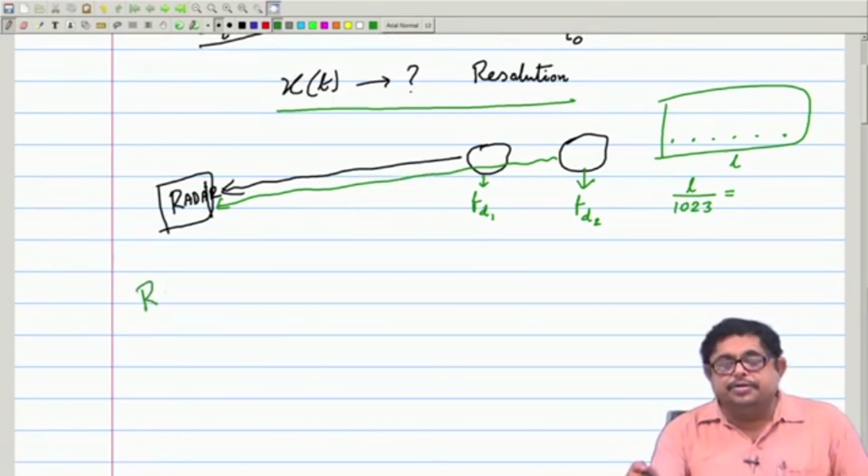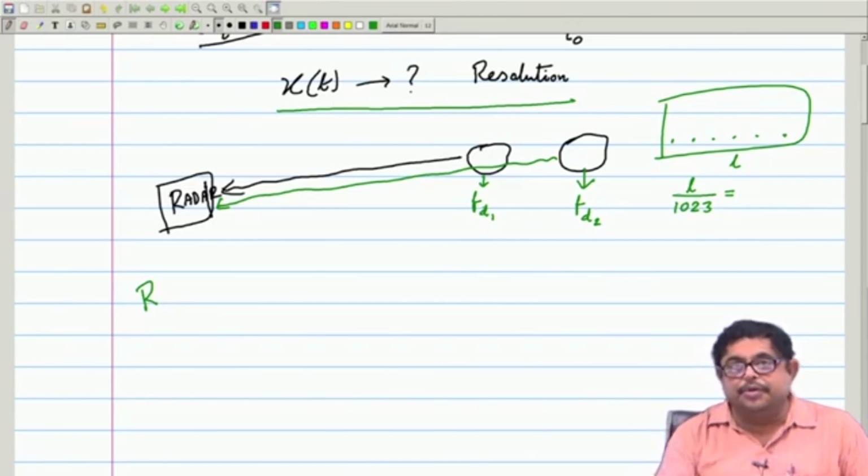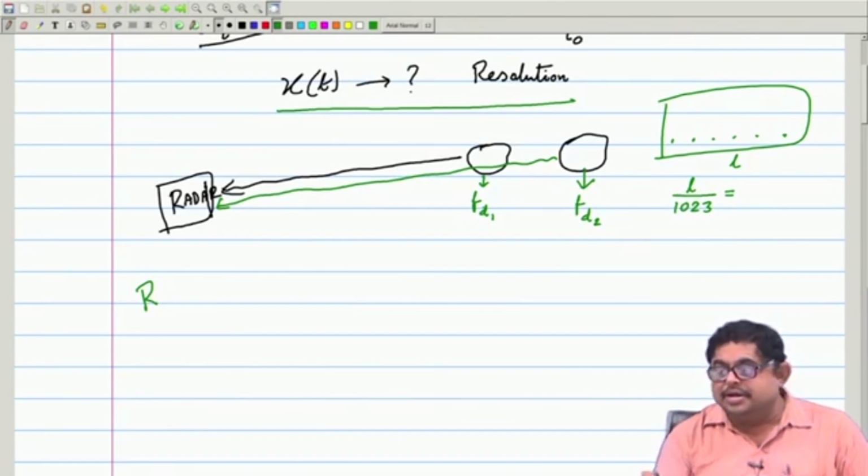Actually, Doppler is making two measurements, the velocity and range. Now, range measurement is direct, that means from the round trip time it measures range, and from the Doppler shift it measures velocity.